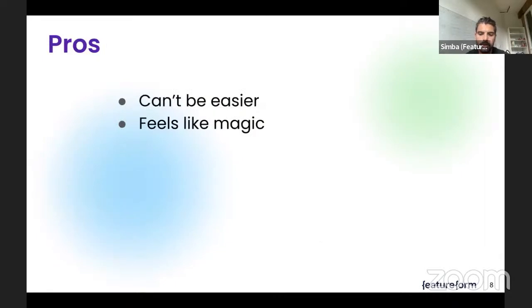The pros of this zero shot is it's very, very easy, and it feels like magic. There's a reason why ChatGPT took the world by storm. It just feels unbelievable. Even though some would argue on the ML side that this is an architecture we've had for a while, and it was more of a step increase as opposed to a whole new thing that didn't exist before. But what really happened, in my opinion, was that we finally crossed the barrier where it really felt like magic.